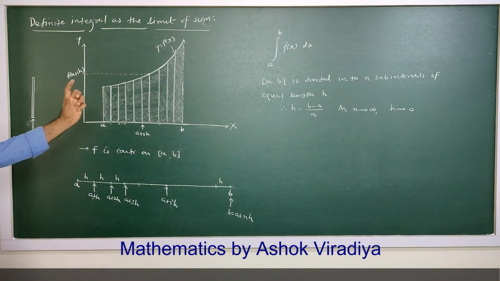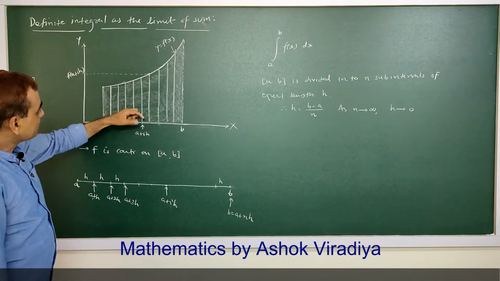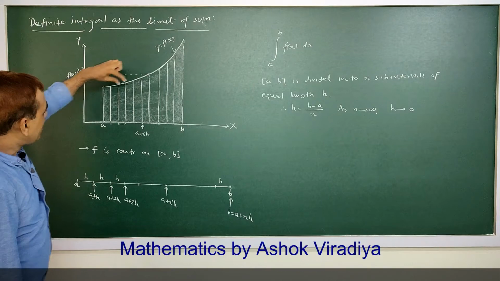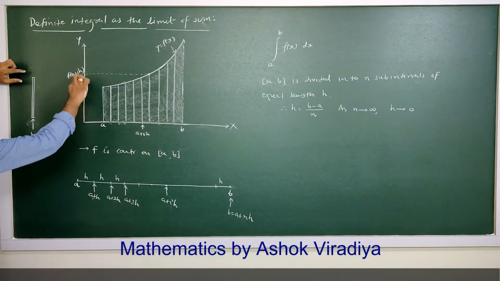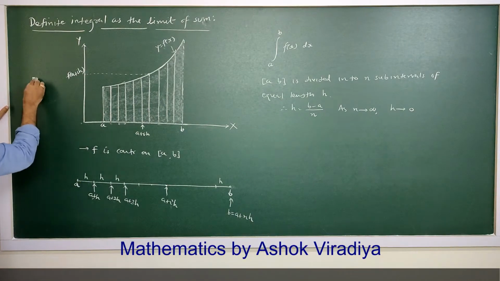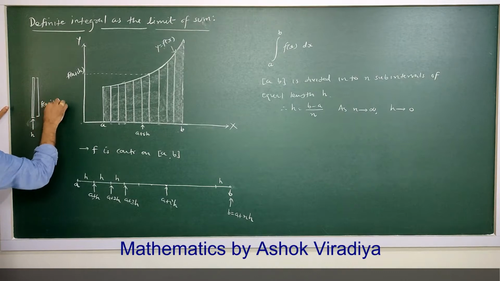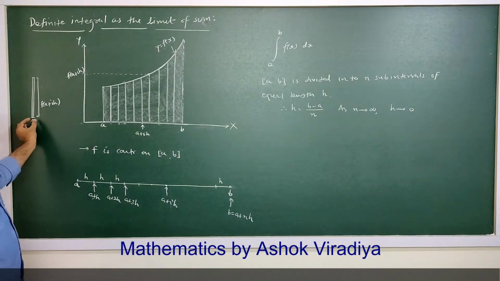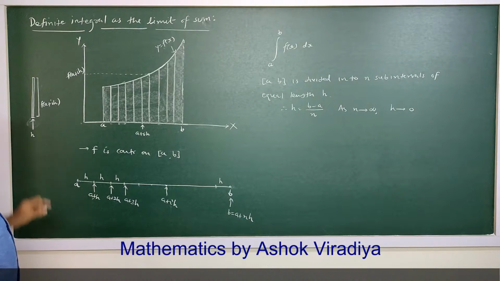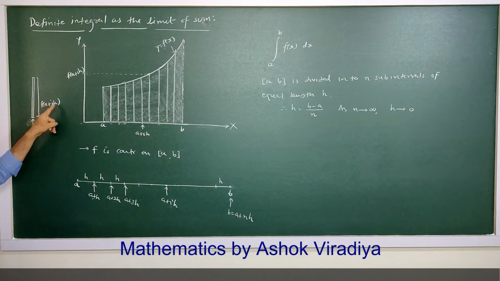So we can imagine that the height of this rectangle will be f of a plus ih, and the width will be h. So the area of this rectangle will be h into f of a plus ih.